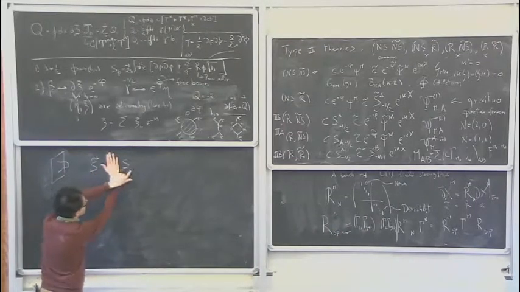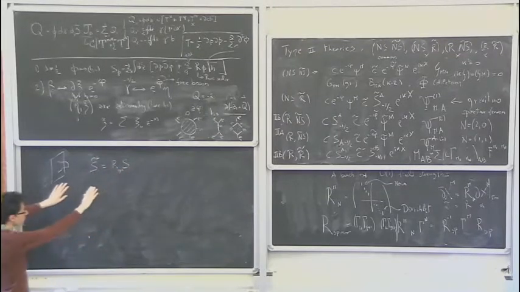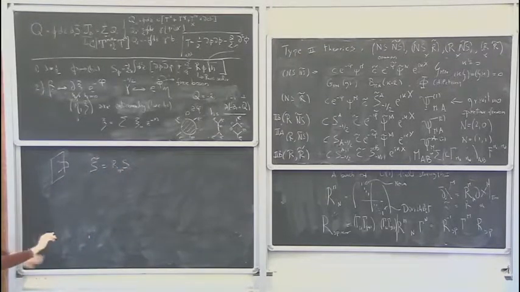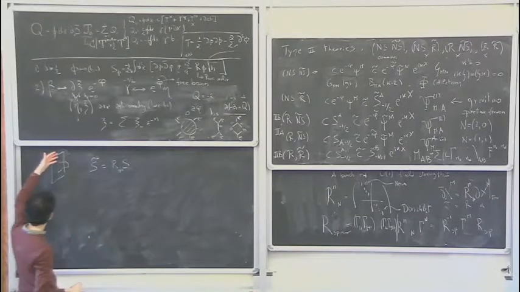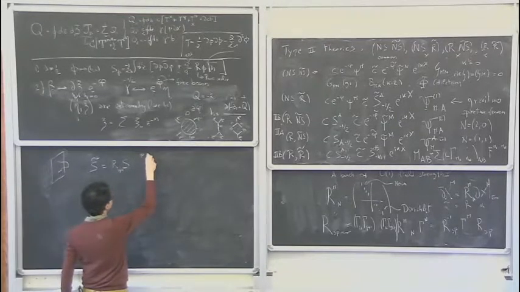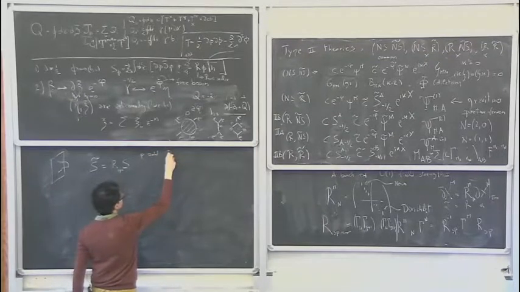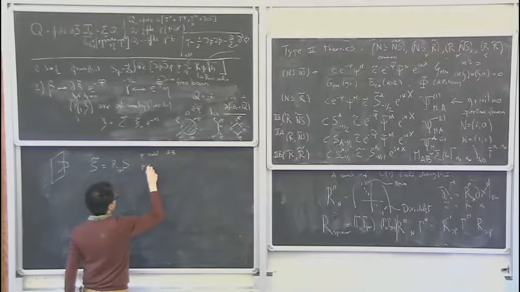S tilde and S have opposite chirality in type 2A and the same chirality in type 2B. In order for this identification to be possible, the number of space-like Neumann directions has to be odd for type 2B and even for type 2A.